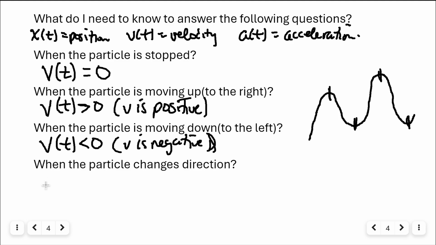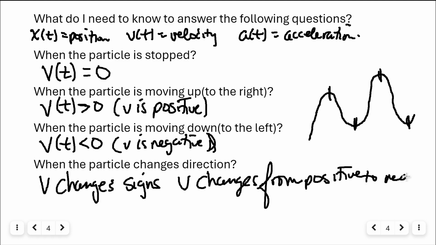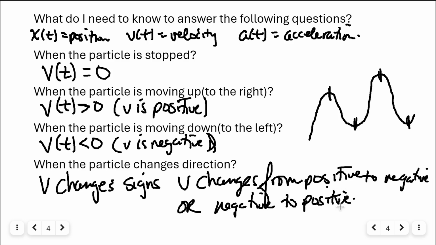So I would need to know when the velocity changes signs. So if the velocity changes from positive to negative, or negative to positive, right?